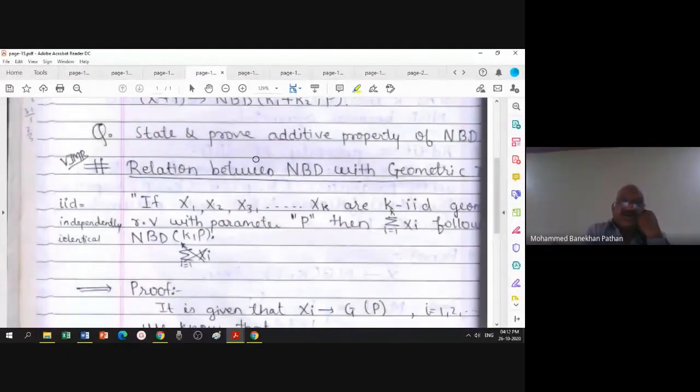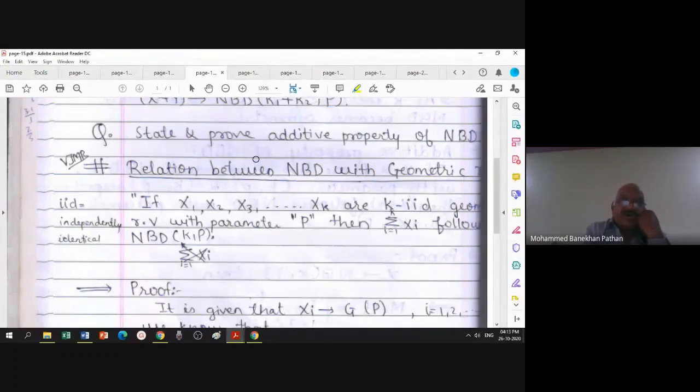It becomes a particular case by replacing the value of k as 1. So NBD with parameters 1 comma p goes to the geometric distribution. Now from geometric, how to develop NBD?